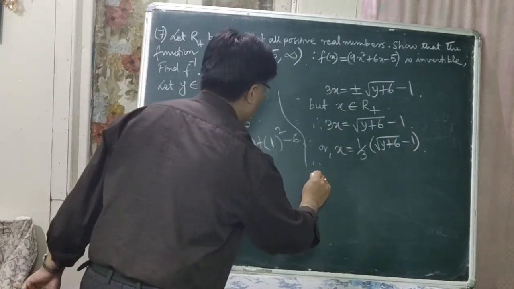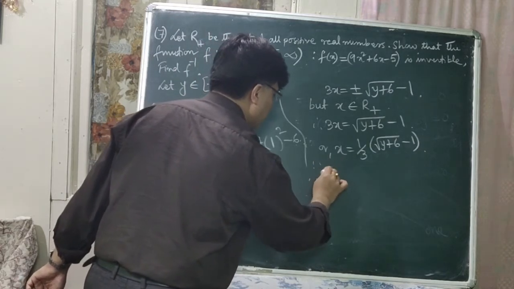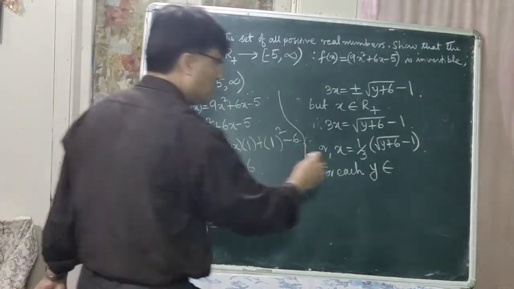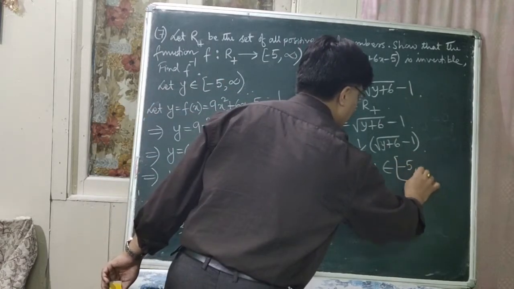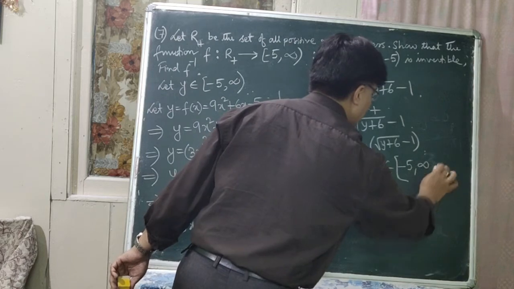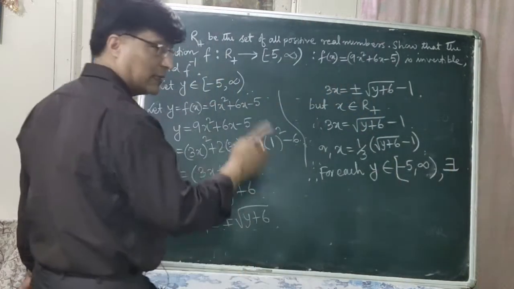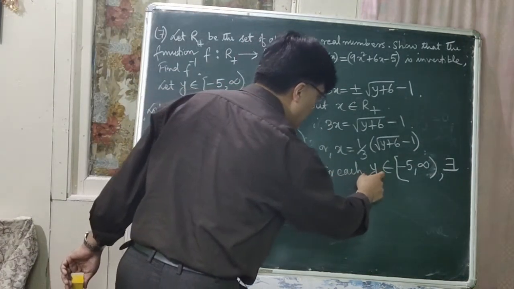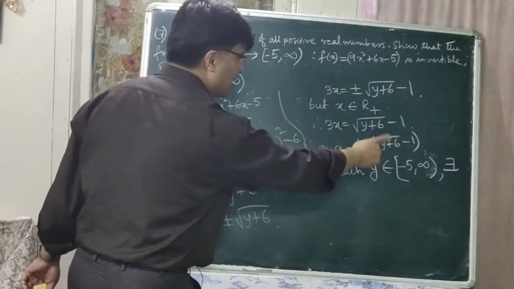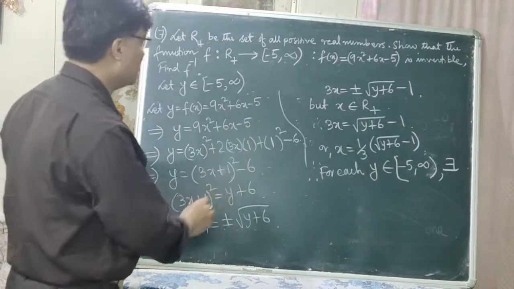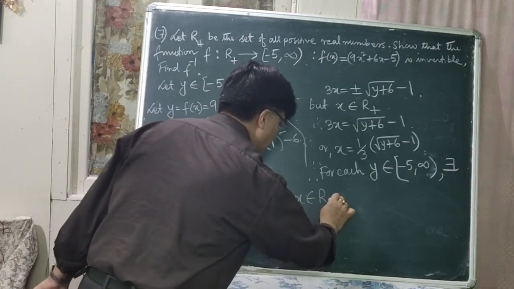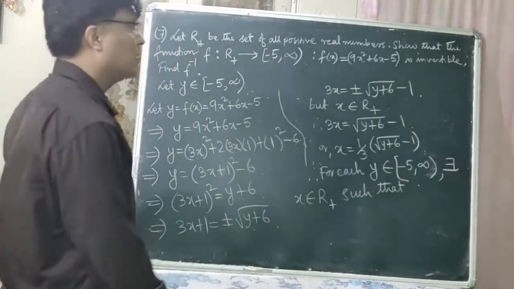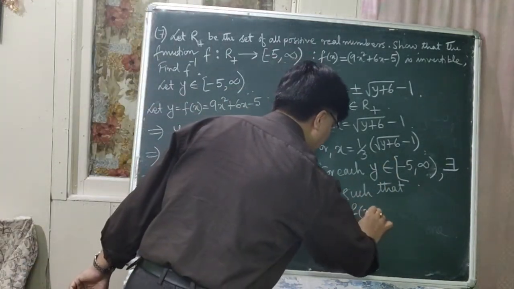So therefore, for each y belongs to this codomain, that is minus 5 comma infinity, first bracket is closed, there exists x belongs to R positive such that f of x is equal to y.